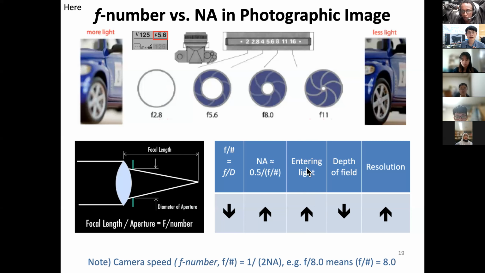The other aspect is depth of field. With smaller F numbers, you will inevitably have a shallower depth of field. In comparison, with a high F number, you will have a long depth of field, meaning you will be virtually focusing on many depths. So which one do you prefer? I think it depends on your purpose.